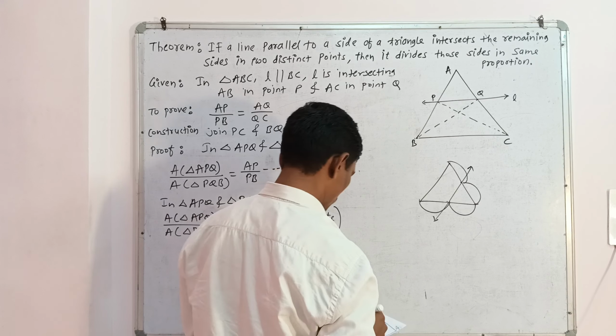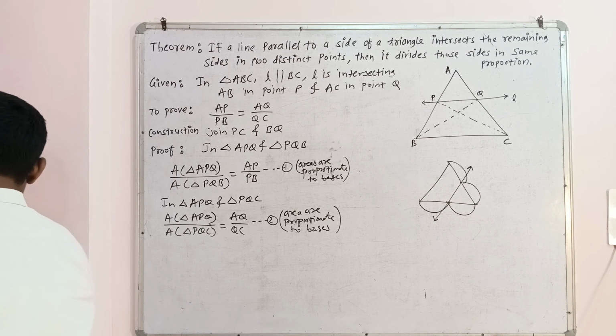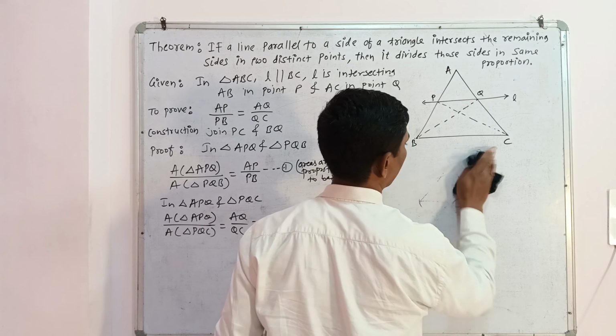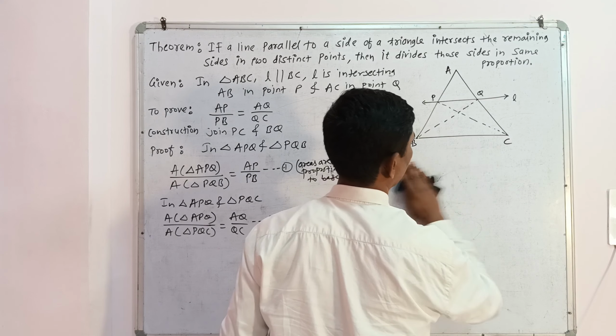Okay. So here I'll write that now in triangle PQB and triangle PQC. See, I'll show you the diagram of these two triangles. Like this is line L, and there are points P and Q like this.